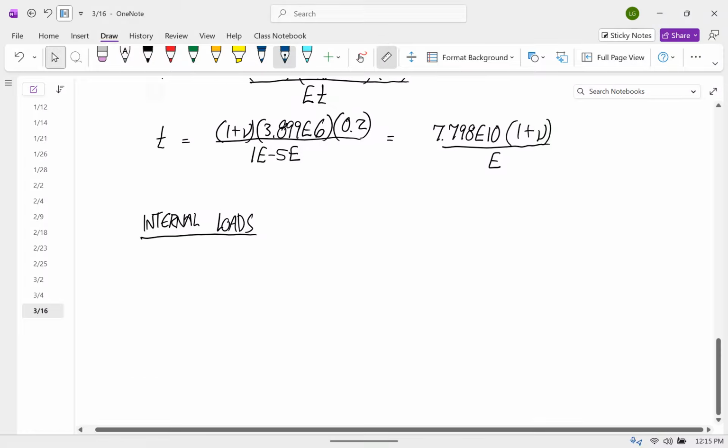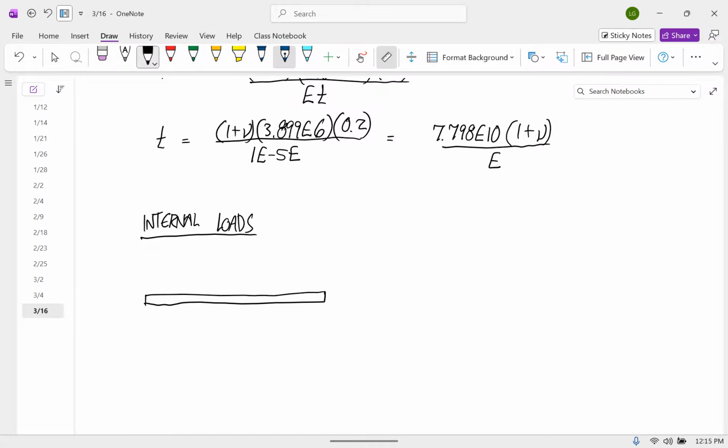So last time what we saw, this is what we've done so far. We've done just a single beam with loads at one end. I'll call this RA, and then loads at the other end. Call this RB.